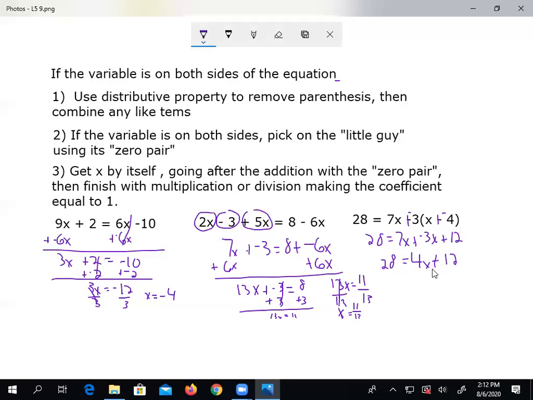Now this one, the x is on the right-hand side of the equation, but that's okay. I'm still trying to get it by itself. So I'm going to just try to get it by itself on the right side of the equation. So again, I go after the addition part, which is the 12. I need to add a -12 there as long as I add a -12 to the other side of the equation. So it's going to be 16 and a 4x.